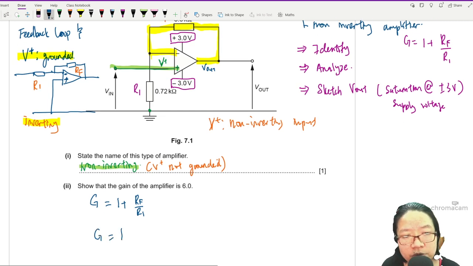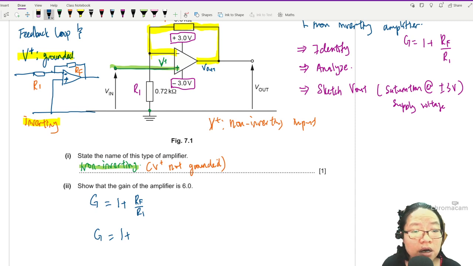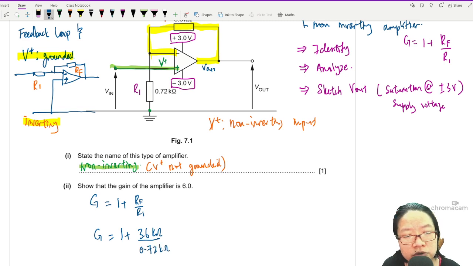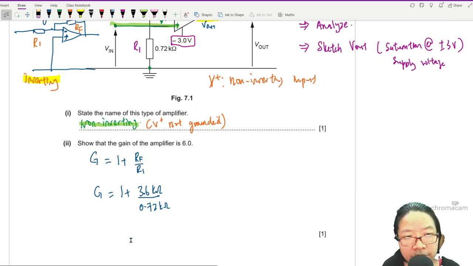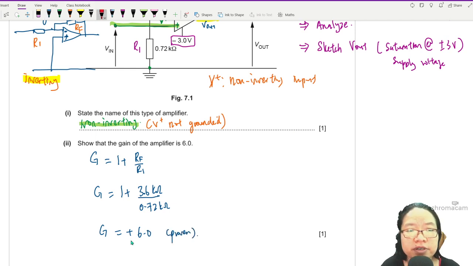So this gain will be 1 plus 3.6 kilo ohm over 0.72 kilo ohm. Is it 3.6? Yep. If you press your calculator, this would be equal to positive 6.0. So proven. I'm guessing the mark for this is pretty straightforward.